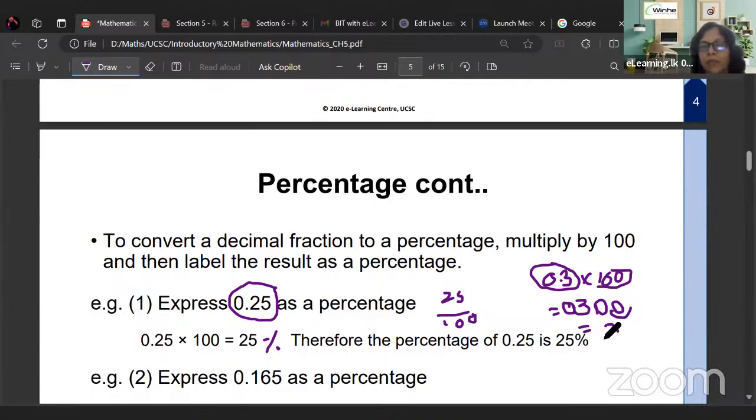Then what will be the answer? The answer is 30. Since we are going to find the percentage, you can write it as 30%. 0.3 is not equivalent to 3%, right? 0.3 is equivalent to 30%.